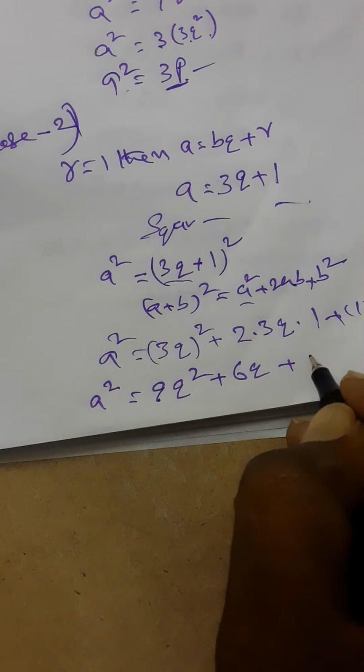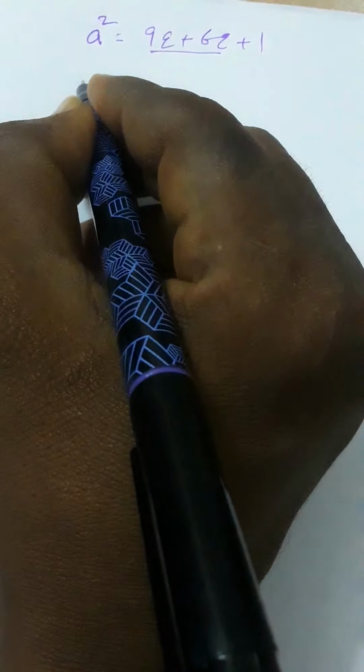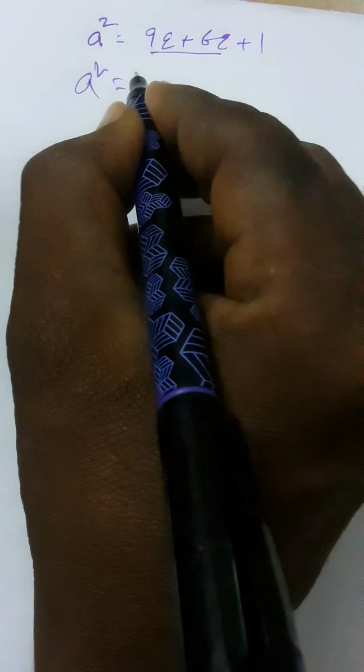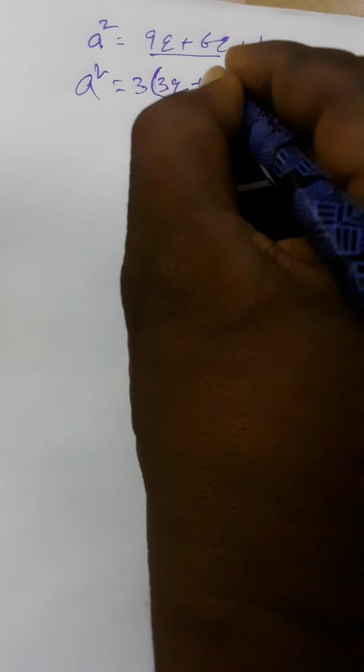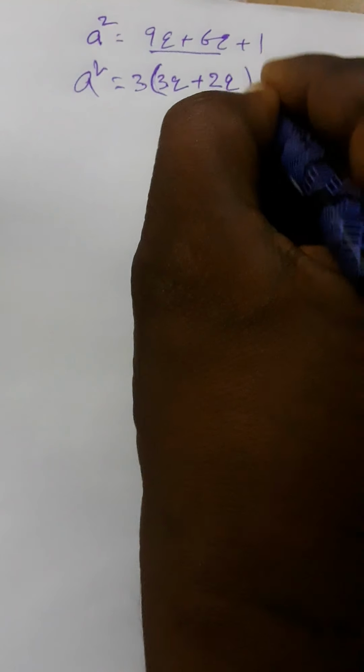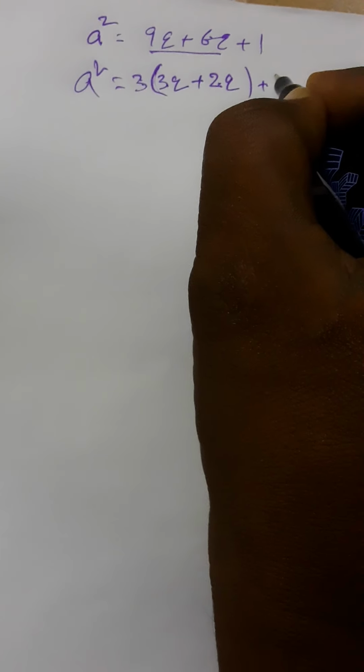I have taken 3 common in this equation. A squared equals 3 into 3q squared, that is 9q squared, plus 3 into 2q, that is 6q, plus 1.